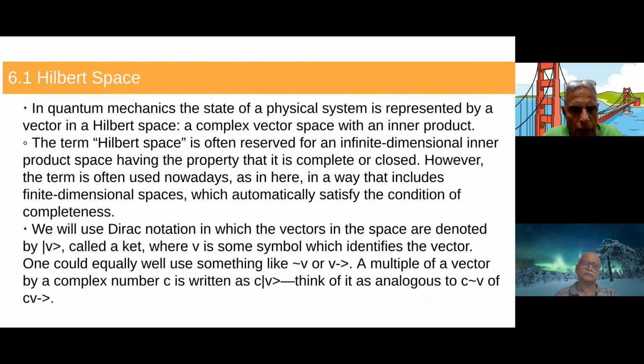You need two vectors to have an inner product. That means it's a transformation of one vector to another vector, and when you do that, it rotates, and that is based on the inner product. So inner product is the key word. Hilbert space is a complex vector space with an inner product.